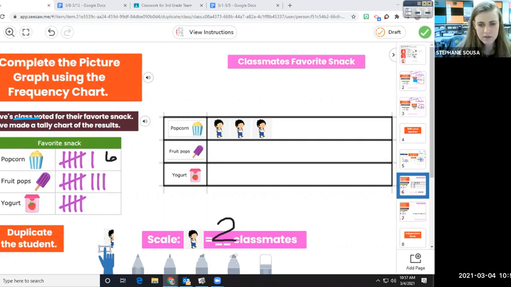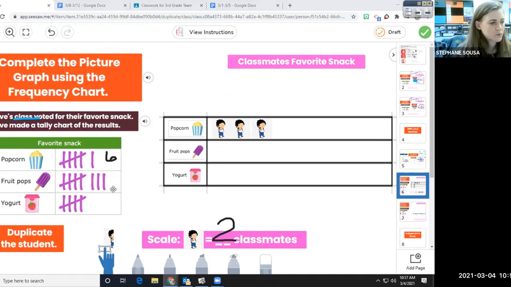Mine is blank. You have all your duplications. I'm asking you to place them for popcorn now. So you are right. You have them duplicated. Go ahead and get your popcorn placed, which is 3 pictures because each picture equals 2, and 3 times 2 is equal to 6.